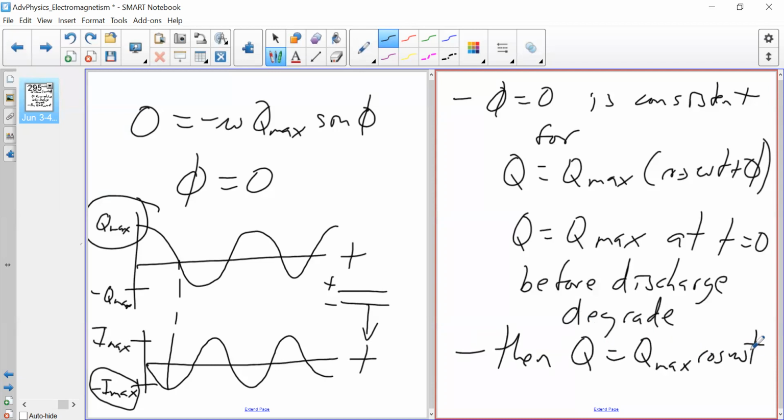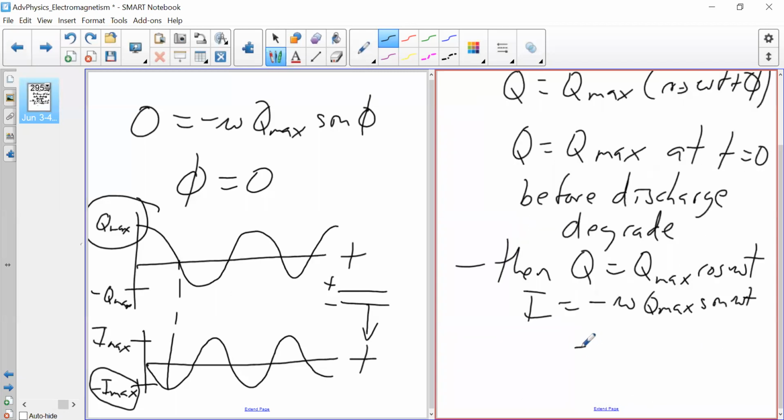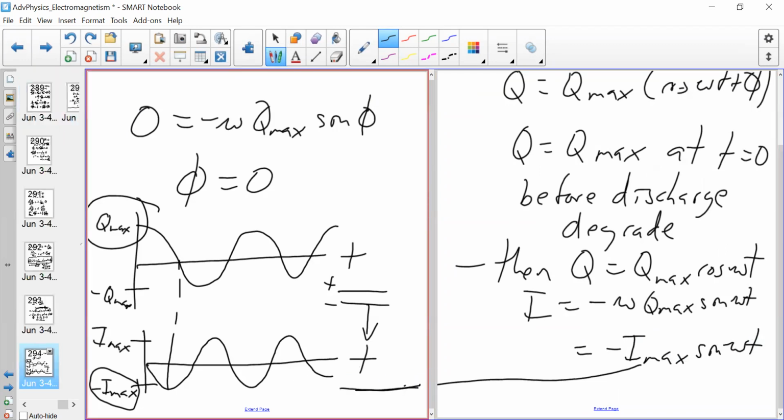This is general, and then current will be the derivative, which is negative omega Q max sine omega t, which is basically equal to negative I max sine omega t.